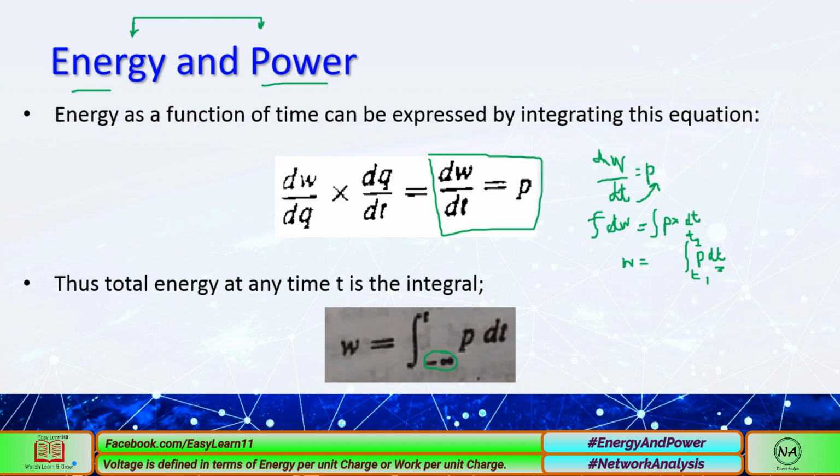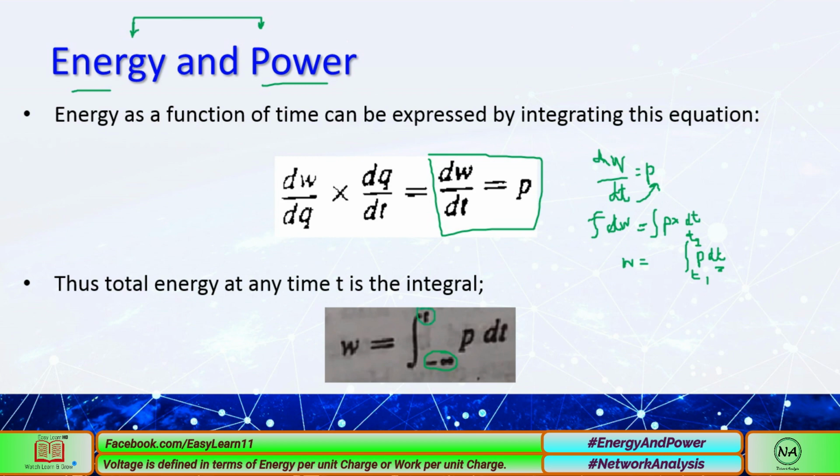Minus infinity means, in any circuit, the time prior to turning on the circuit or prior to doing any task. Suppose there is a circuit and I am going to turn it on and see what happens; before that, it is off. So minus infinity is used for the time before closing the circuit.